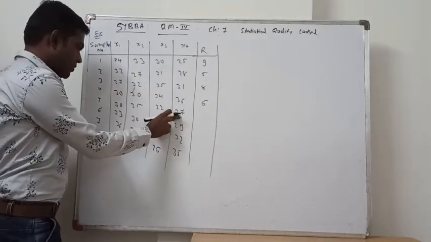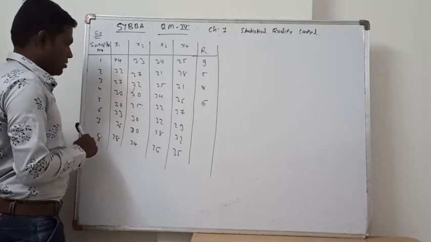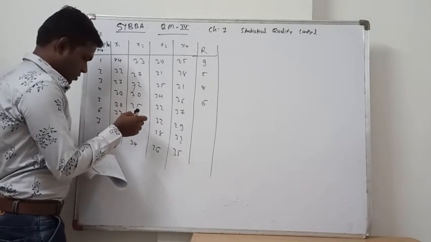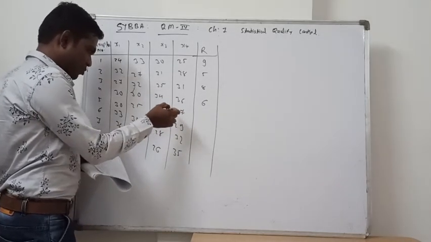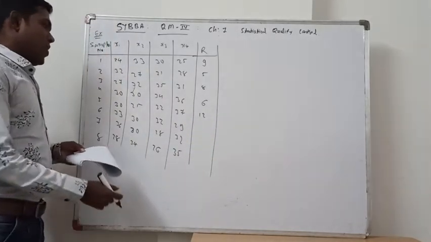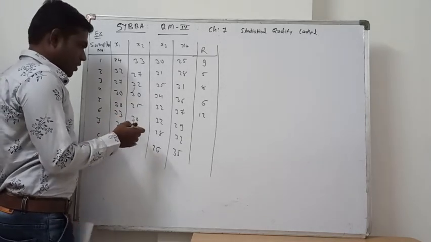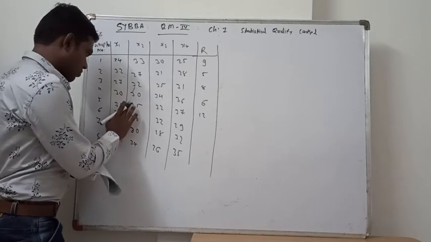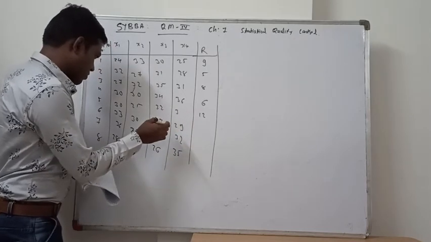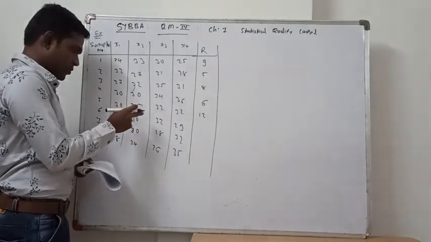Over here, highest 37, lowest 25. So 10 plus 2, that is 12. Next, over here the highest observation is 32 and the lowest observation is 25.